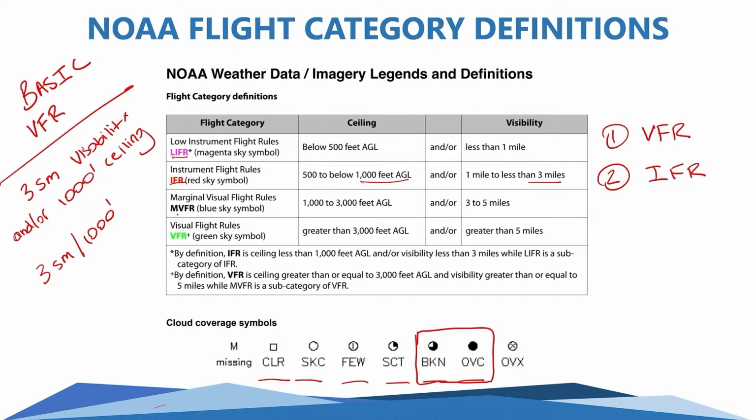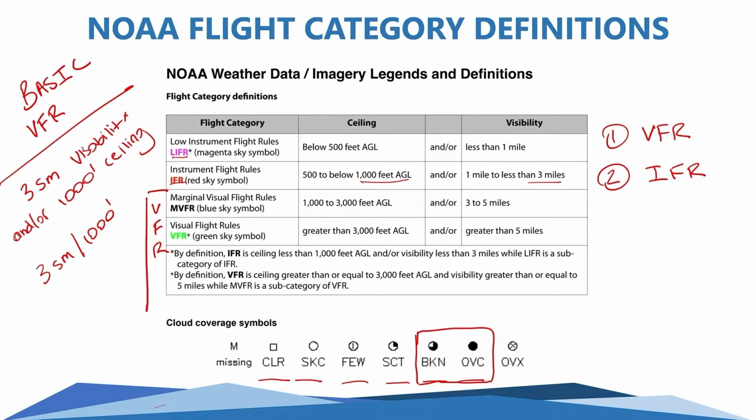Marginal VFR, which is a blue symbol, is between 1 to 3,000 feet and 3 to 5 statute miles. So basically everything from marginal up is going to be considered VFR, okay? Including the VFR. They're saying VFR is greater than 3,000 feet and greater than 5 statute miles, which is definitely better than the basic VFR legal minimums that we need to have, okay?